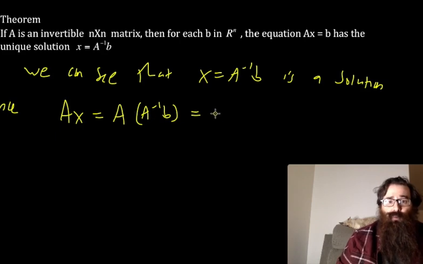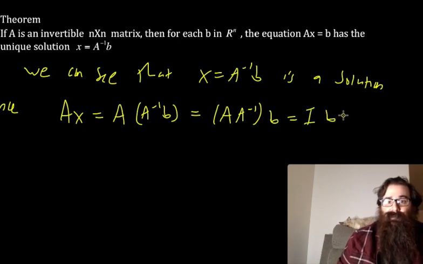And here I can regroup. This is the same as A times A inverse times B. And A times A inverse gives me the identity times B. And the identity times B gives me B. So this is a solution. It does satisfy Ax equals B. So we know that x equals A inverse B is a solution.